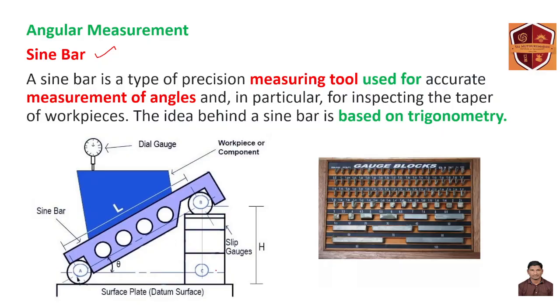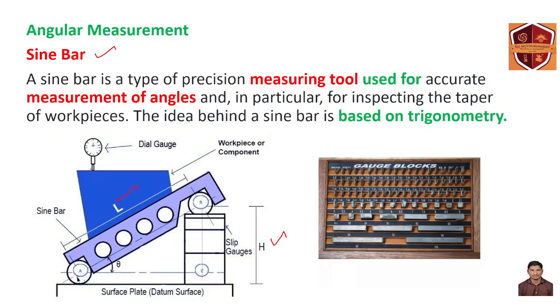You can fix the slip gauge in this place layer by layer and then support the sine bar from one place to another place. See, a sine bar has two cylindrical rollers at a fixed distance L. This is the length of the sine bar, and this is the height of the sine bar, and this is the dial gauge.